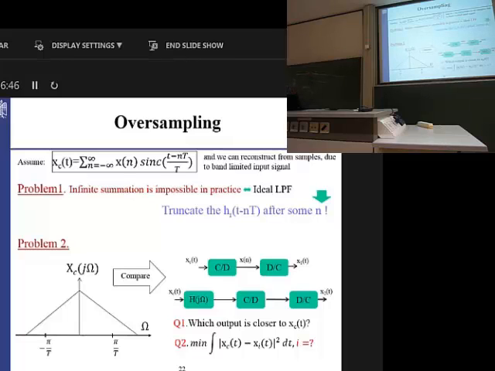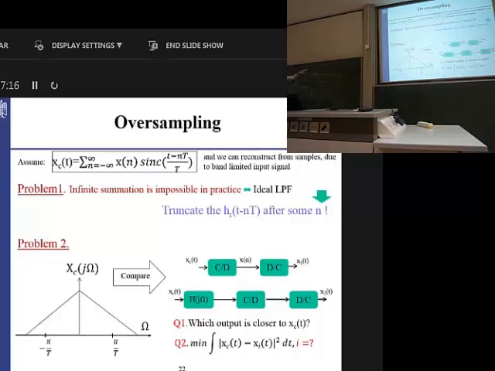Which means you're corrupting this part of the signal. All these parts of the signal, which are an overlapping of the following periods on the main one, are actually corrupting the part of the signal which is related to the higher frequencies. So the higher frequency portion of the spectrum of the signal in the end is corrupted.